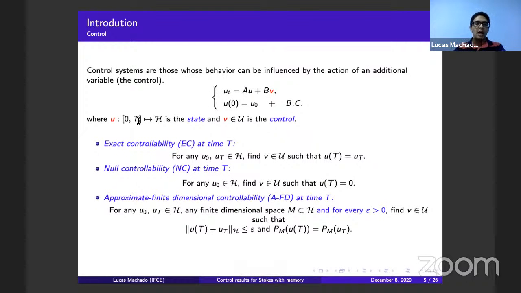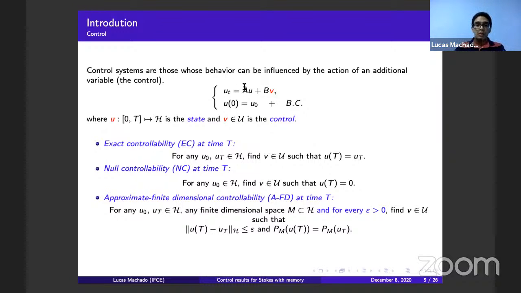Well, our goal is to analyze the controllability of the Stokes equations with memory, but first, some definitions. Control systems are those whose behavior can be influenced by the actions of an additional variable, the control, okay?